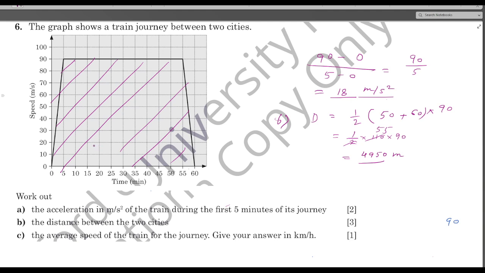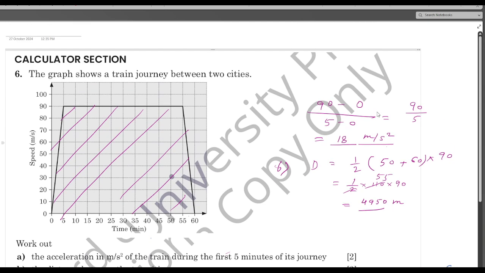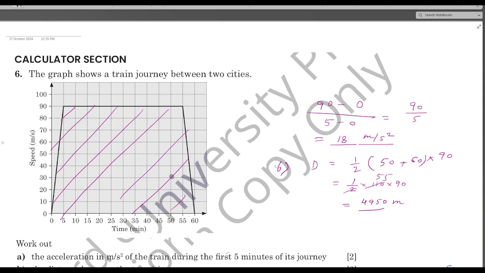Wait, one thing. The acceleration which I found here is not in meters per second squared. To get the answer in meters per second squared, the time should be in seconds, as the speed is in meters per second.